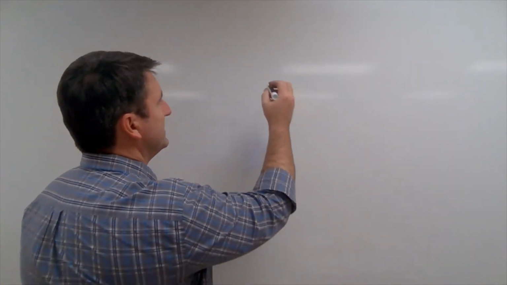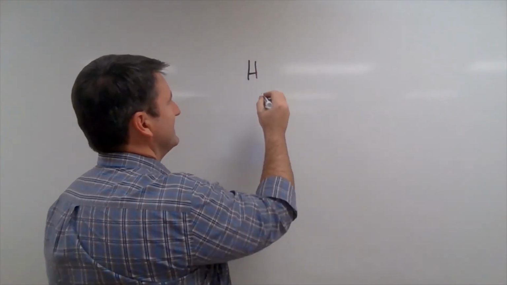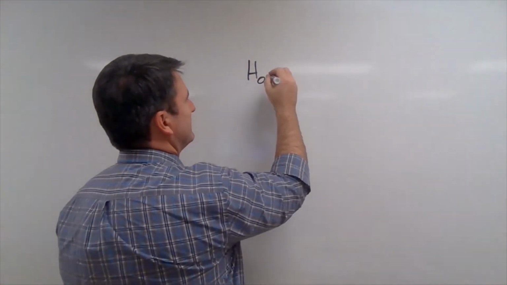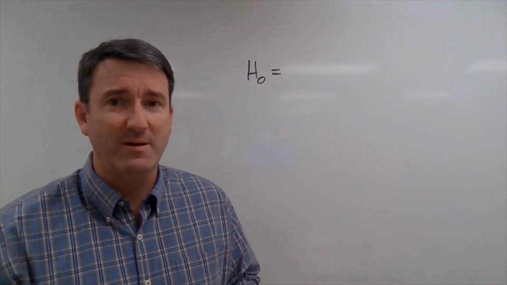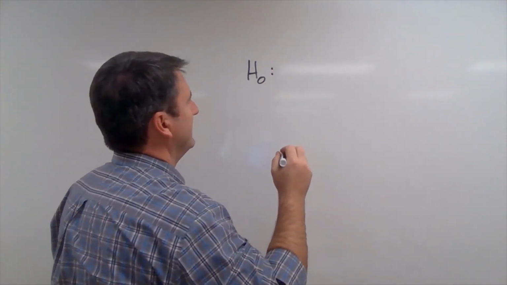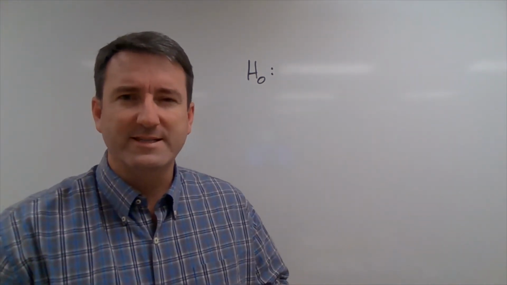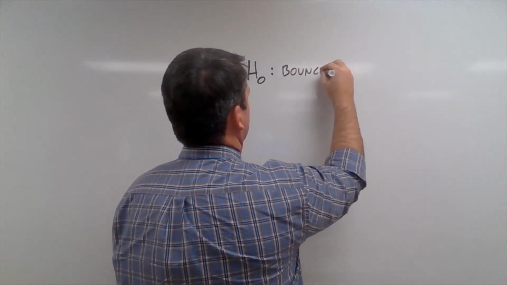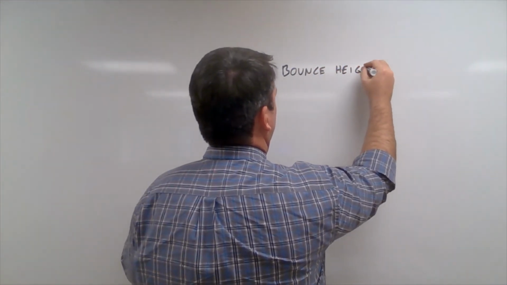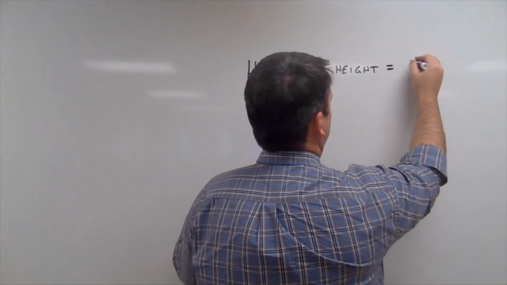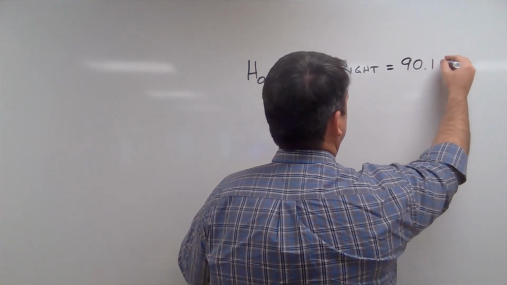All right, so let's start with our null hypothesis. We generally write the null hypothesis as H naught, or H sub 0. This means the null hypothesis, and we're going to say that our null hypothesis is that, in this case, the bounce height of these new balls is equal to 90.10.